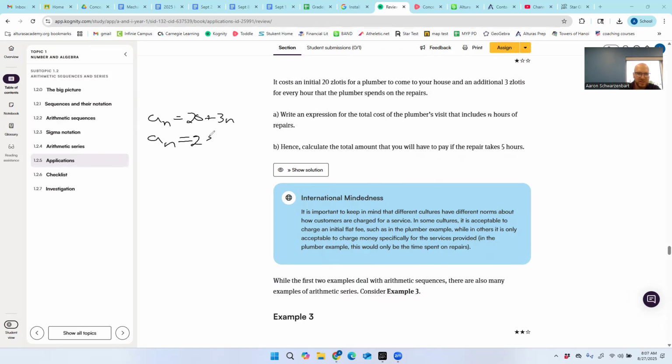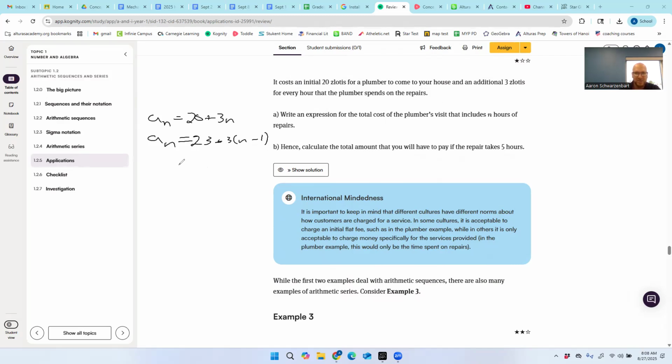Or you could write it in that other way. So it's very important to read these carefully, because sometimes 20 is going to be the initial amount, sometimes it's 23, and you've got to add that in.